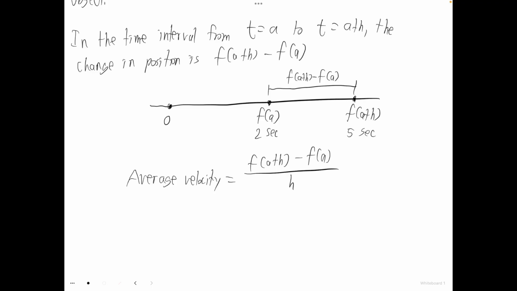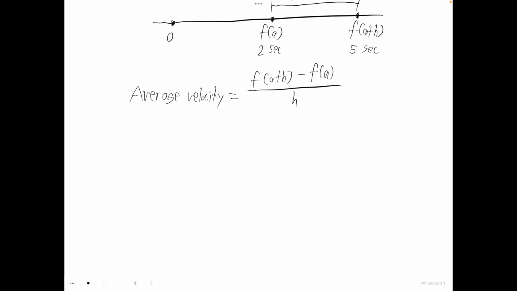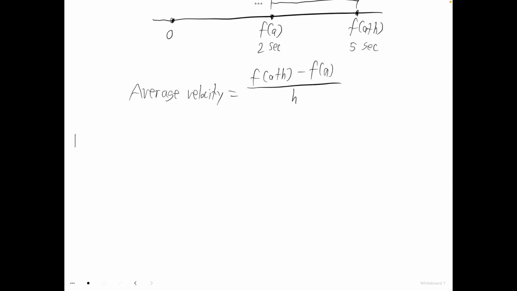This formula might look very similar, as this was the second formula we found for the slope of a secant line. And so now, just like what we did before, we want to consider what happens instantaneously. And so we define the instantaneous velocity as follows.